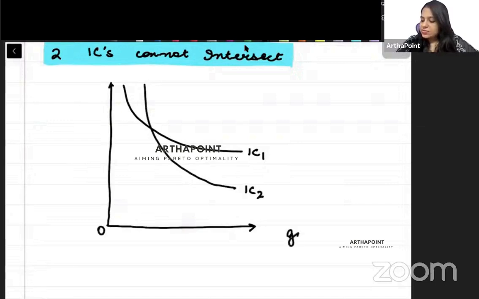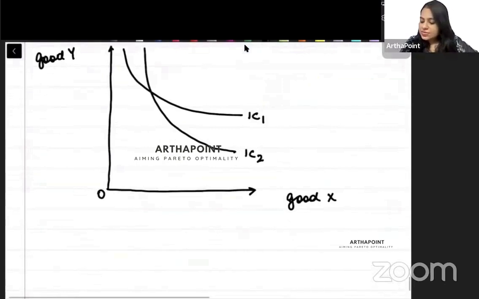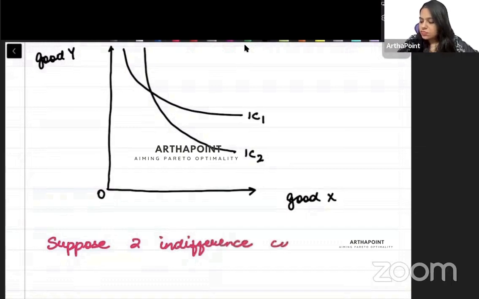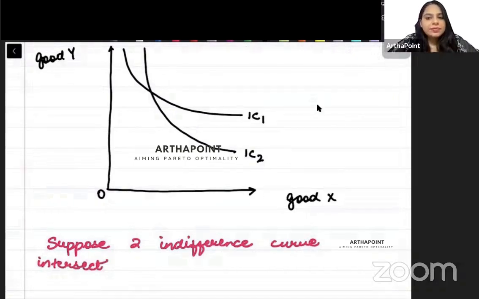Good X, good Y. Okay. So what am I saying? I am saying suppose two indifference curves intersect.